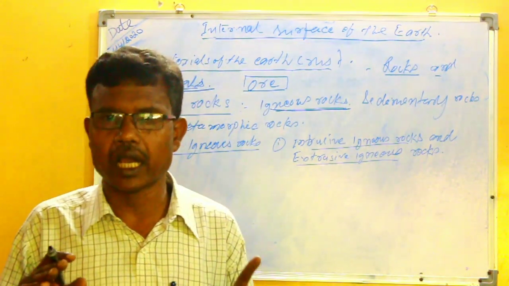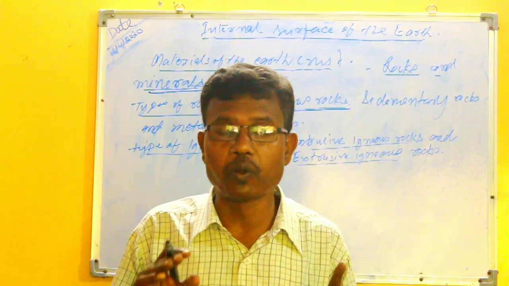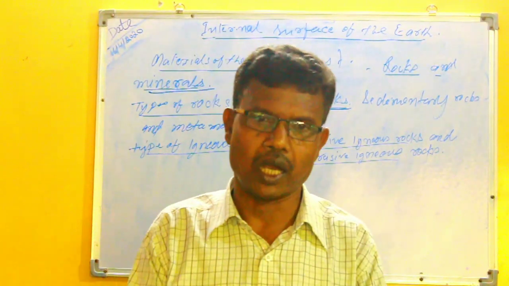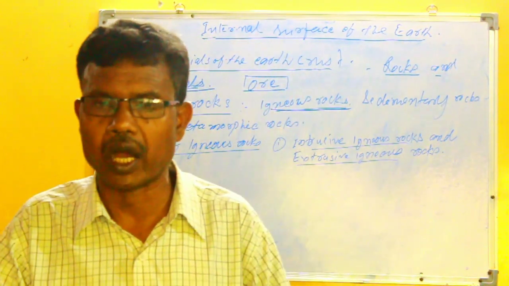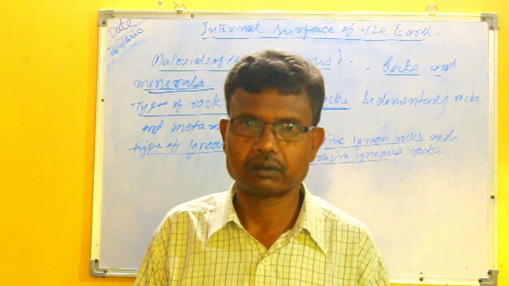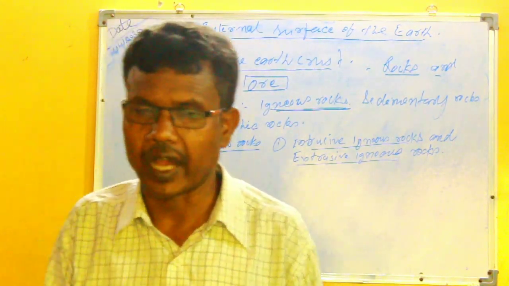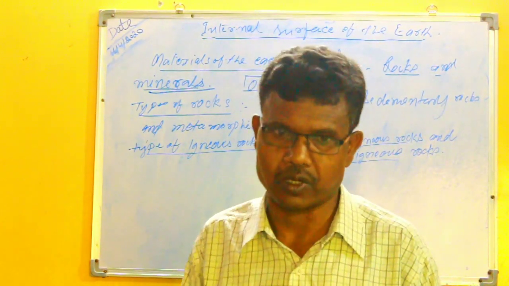When volcanic eruptions take place, magma flows out in the form of molten lava. When this molten lava cools down and solidifies, the igneous rocks are formed.